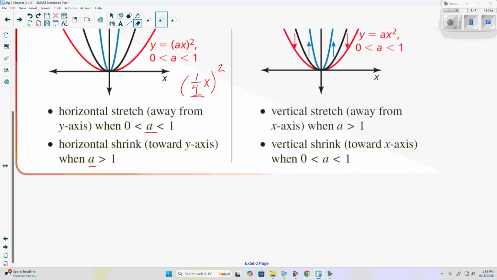If that value is between 0 and 1, it's a horizontal stretch. If it's greater than 1, it's a shrink. But when we talk about it and describe it, we've got to flip it. So we would really flip this from 1/4 to 4, which does more line up with our vertical stretch or shrink, how we talk about it, because it's now bigger than 1, it would be a stretch. It's again horizontal stretch and shrink, it's that flip.